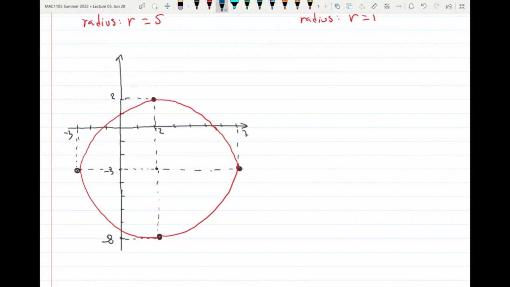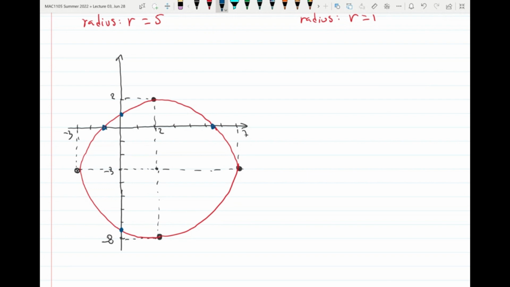How do we call these points? X-intercepts. They are crossing the x-axis, so they're called x-intercepts. And these points, how do we call them? Y-intercepts. Okay? All right, so let's find them.